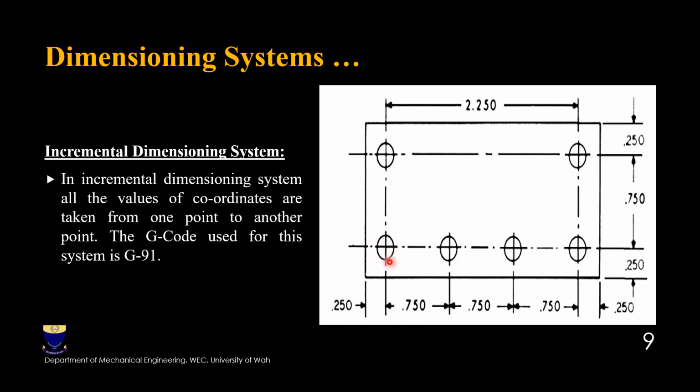In absolute dimensioning, you have to fit in the direction of all the points which are required for the program. This is the workpiece, and you have to drill these 6 holes in that workpiece. So the first drill would be from reference to this starting point where x and y both are 0. The first reference point is x 0.25 and y 0.25. The next is x 1 and y 0.25.